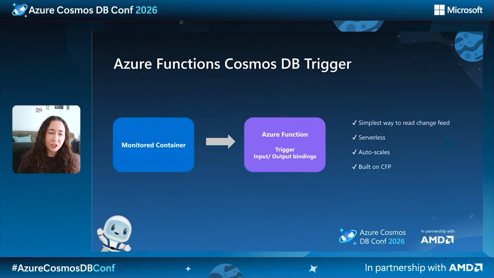The next way to read change feed is through the Cosmos DB trigger. This is an Azure Functions trigger that is a really simple way to read change feed. It's built on change feed processor under the hood. So all of the lease and distribution of partitions that we just reviewed still applies in the Azure Functions trigger. However, the management is done for you. Because it's built on Azure Functions, it's serverless.